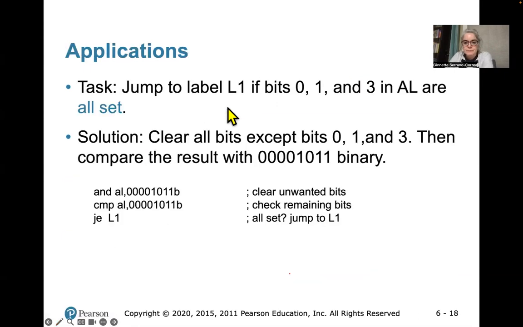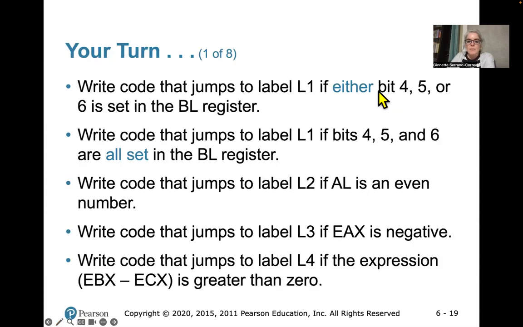In the previous one, it was checking to see if they're all set, but this one is an OR. So it's a little bit different. You don't want to know if they're all set. You just want to know if one of them is set. Okay.